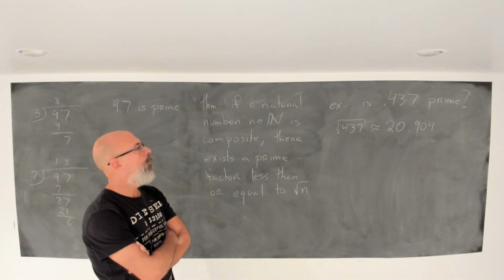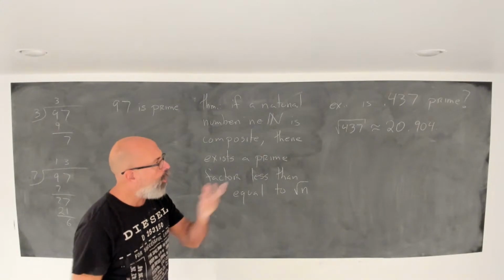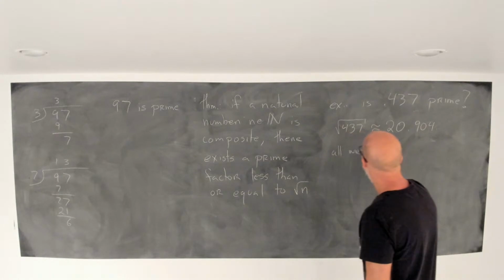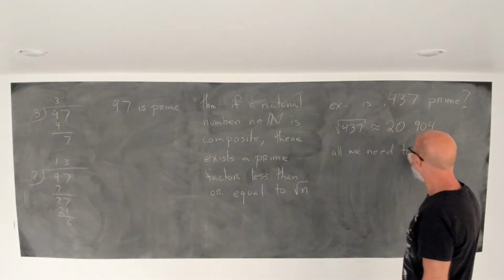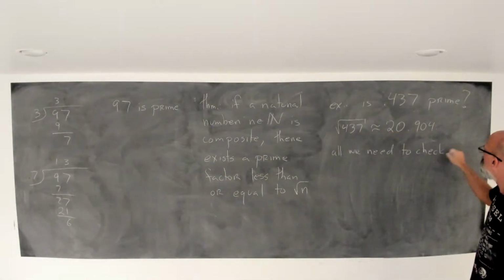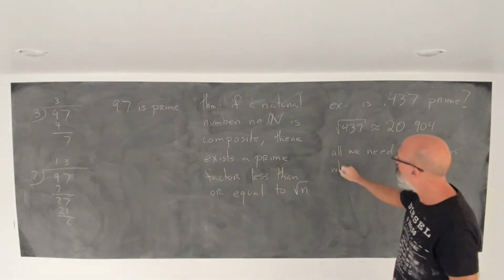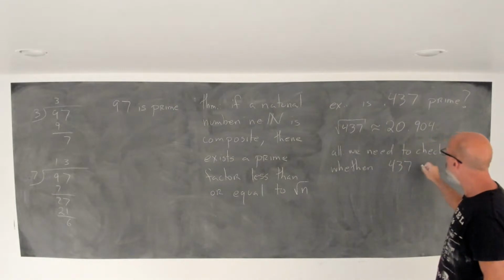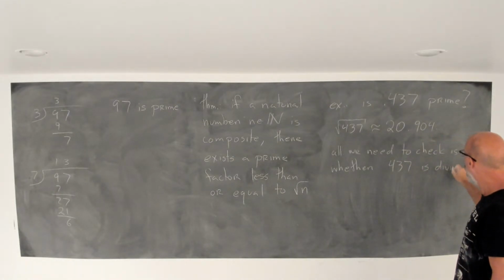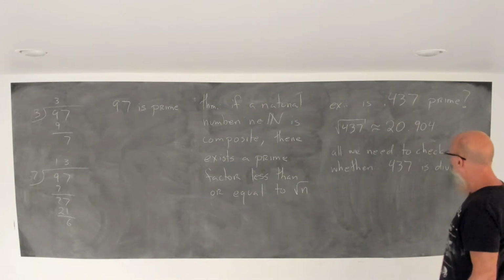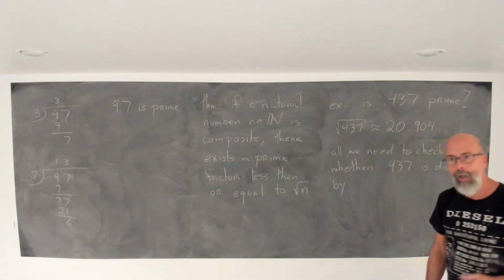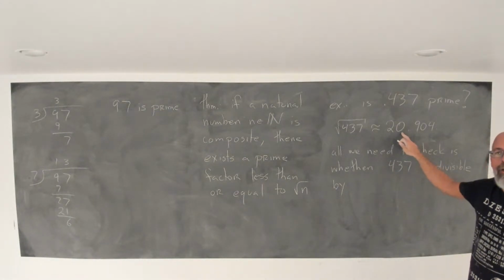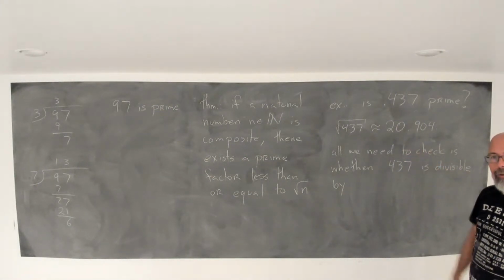So is 437 prime? All we need to check is whether 437 is divisible by the prime numbers less than or equal to 20.